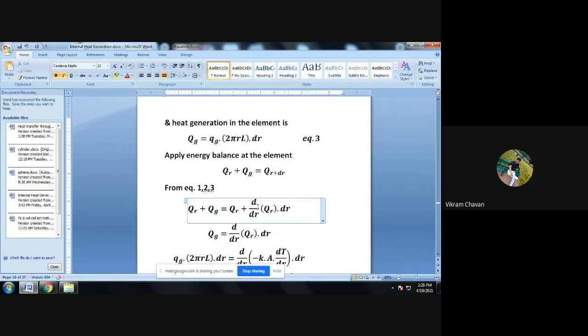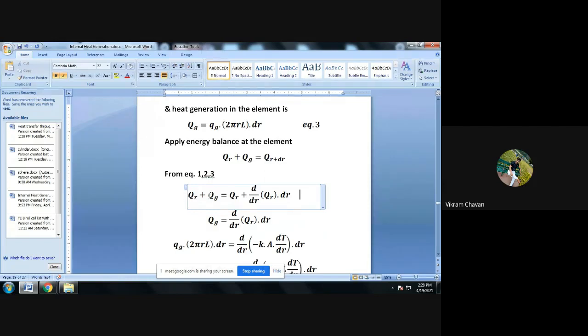Once we replace it, Q suffix R and Q suffix R will cancel. On the left hand side only Q suffix G remains, and on the right hand side the differentiation of Q suffix R with respect to R multiplied by dr remains.